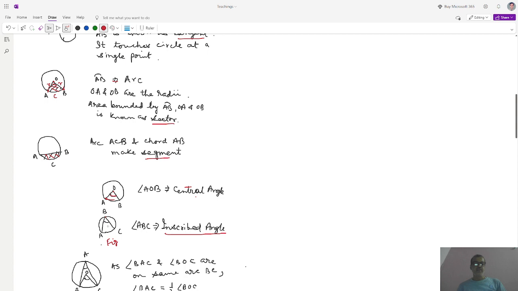Here AB and CB meet on the circumference of the circle at point B and make an angle ABC. Then ABC is an inscribed angle, right?